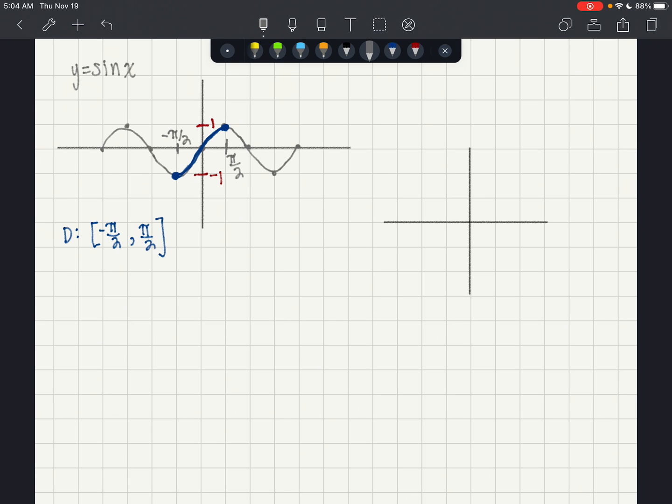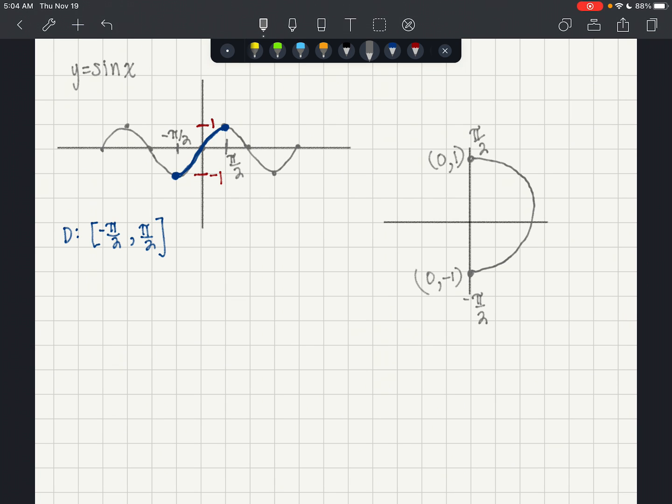So I'm going to come over here. I'm going to show you -π/2 is down on the negative y-axis. +π/2 is on the positive y-axis. There's our partial unit circle that's going to give us our values. Remember, this ordered pair is 0, -1, and this one is 0, +1.